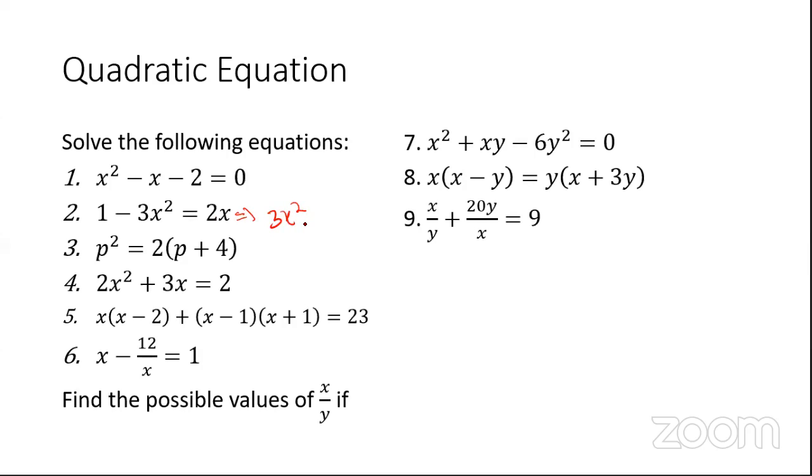We have plus 2x, which is not leaving. Then plus 1 can also come to this side to become minus 1, so that the only thing left on this side is 0. So it means the same thing as 3x squared plus 2x minus 1 equals 0. So you should be able to solve it now.